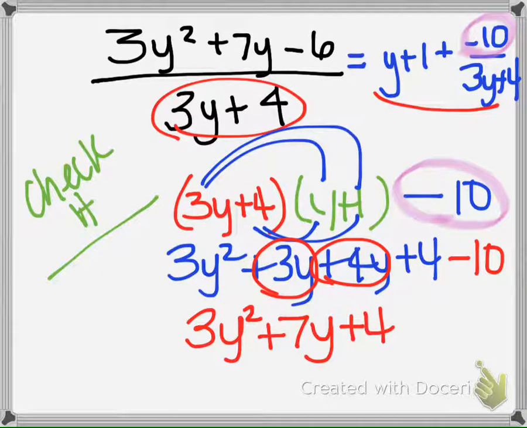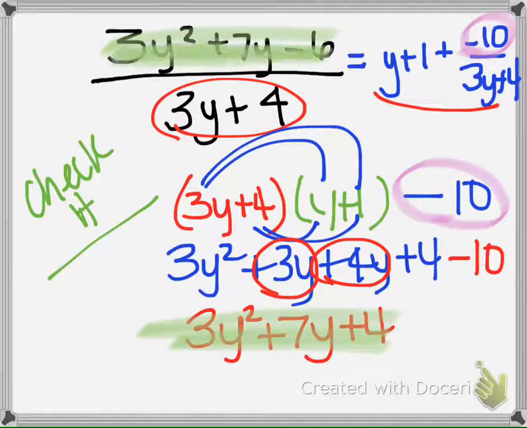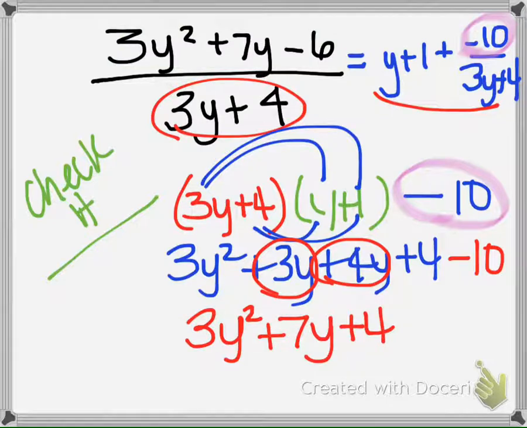And as you can see, this is not the numerator. And the reason why it's not is because we have to take this negative 10 here and include it with this positive 4. And a negative 10 and a positive 4 makes negative 6.